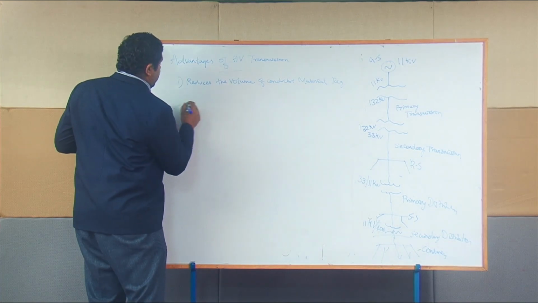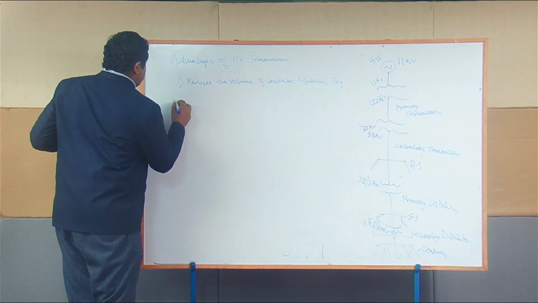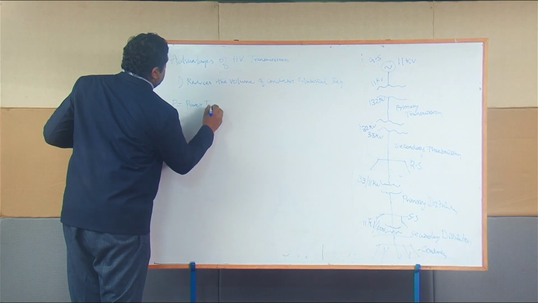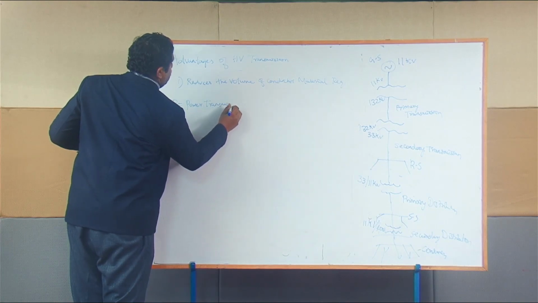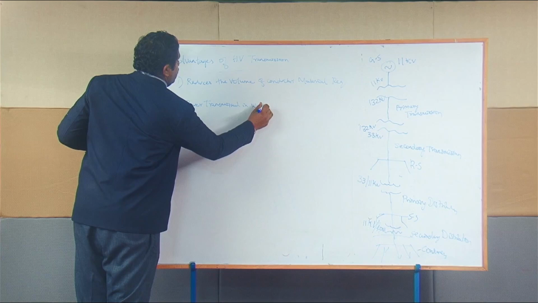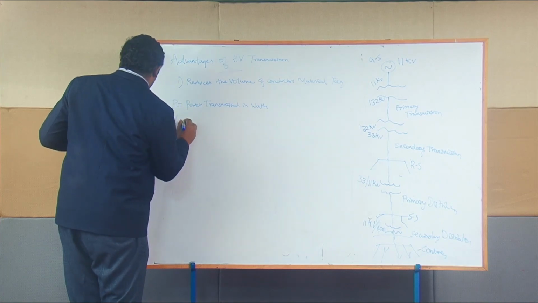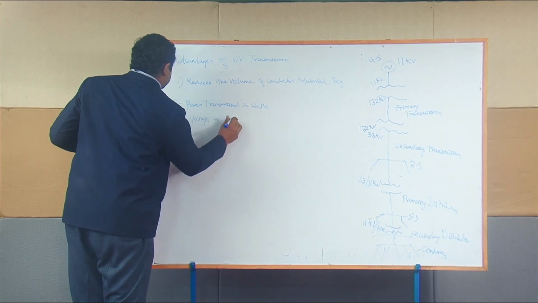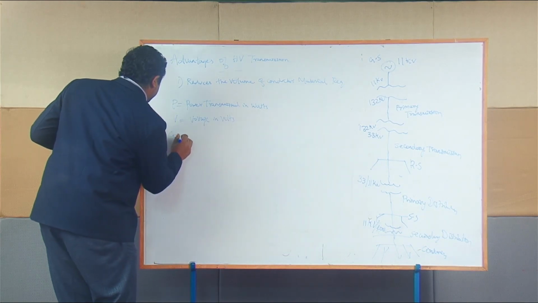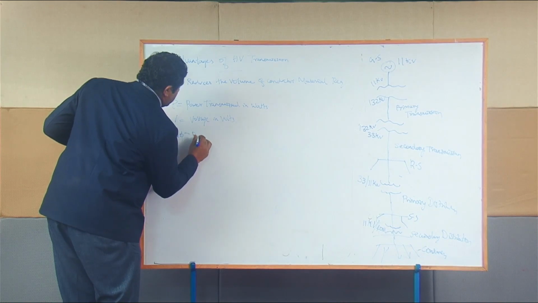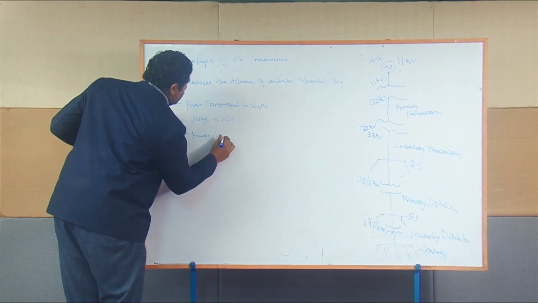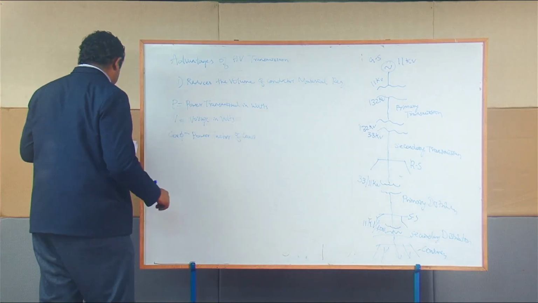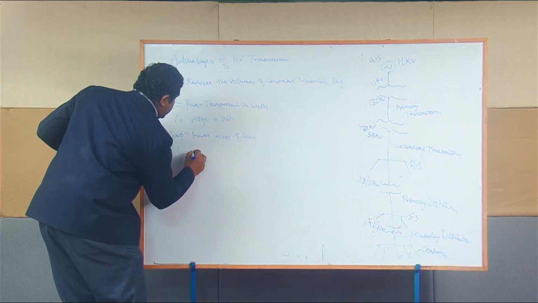We know the parameters considered. P is the power transmitted in watts. V is the voltage in volts. Cos phi is the power factor of the load. L is the length of the conductor.